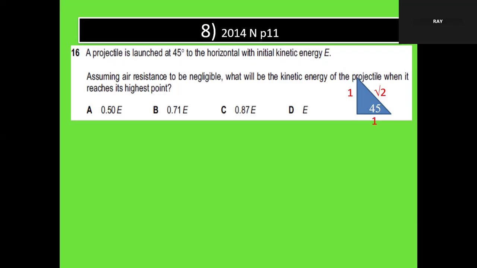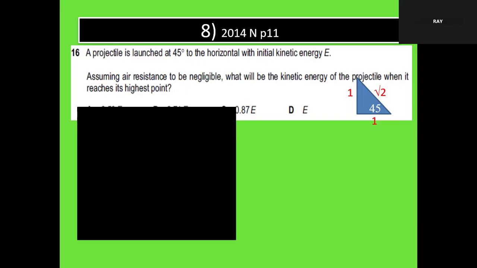Consider the vertical component. Basically, you're trying to find the horizontal component. At the highest point, it's the horizontal component only.